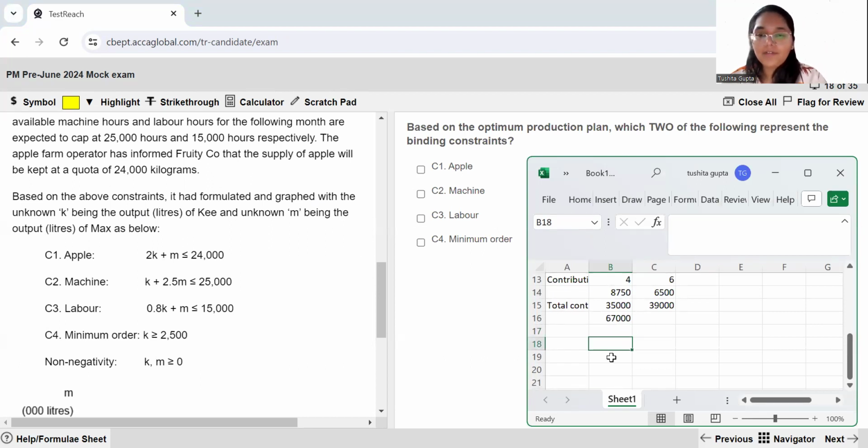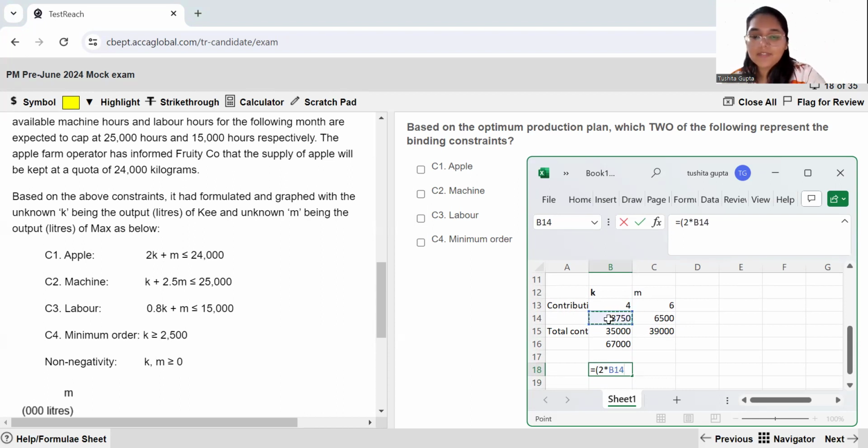If you put in the value of 2K plus M, 2 multiplied by K, we found out as 8,750, plus M. M is 6,500. So you're getting 24,000 over here, which means this resource is totally being utilized. If it falls short, it's going to be a problem for your business. Now, this was constraint C1.